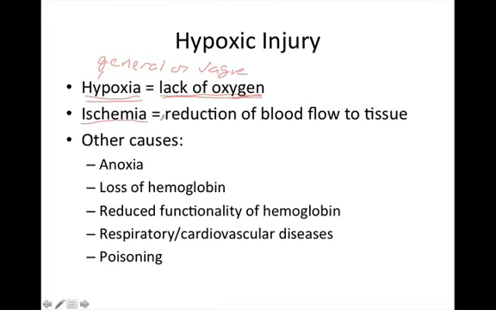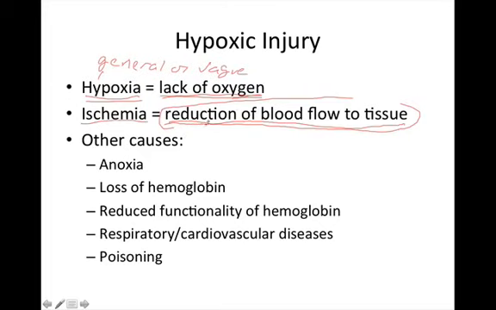Now, if we're saying ischemia, this is a form of hypoxia, but it's a lot more specific. What we're saying here is that tissues, cells, and organs are being deprived of oxygen due to a lack of blood flow.